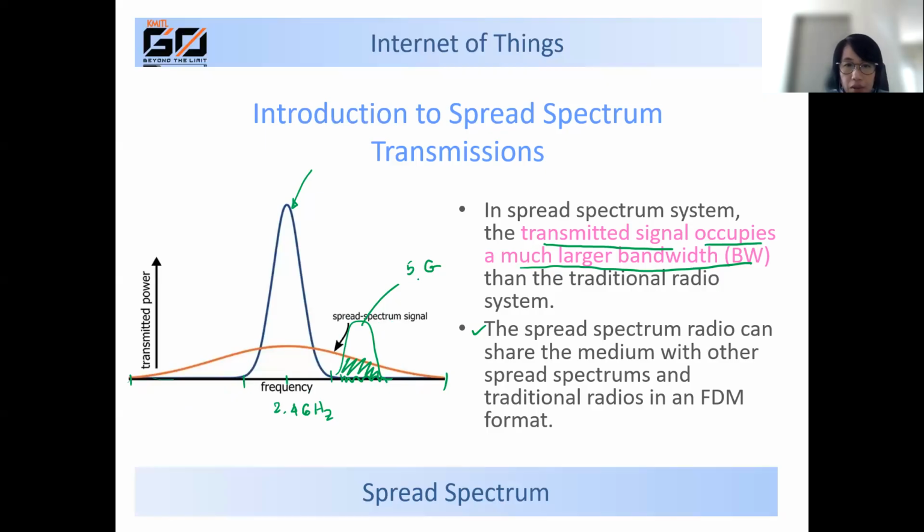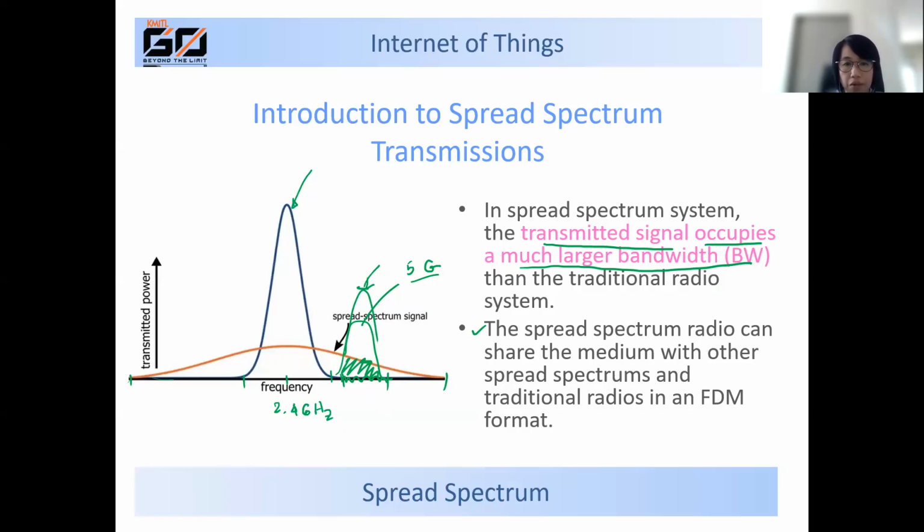Because if you take a look here, when I draw here, 5G without spread spectrum is narrow band, right? So the power is high. Then by using the spread spectrum, the power is compressed to be low power. Okay, so it can be sent in the same spectrum, but with little interference, so that is acceptable.